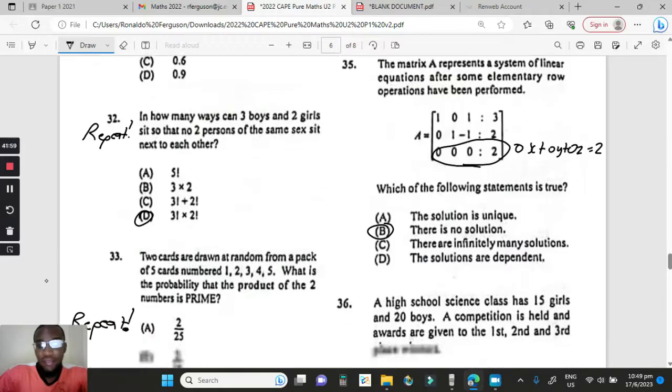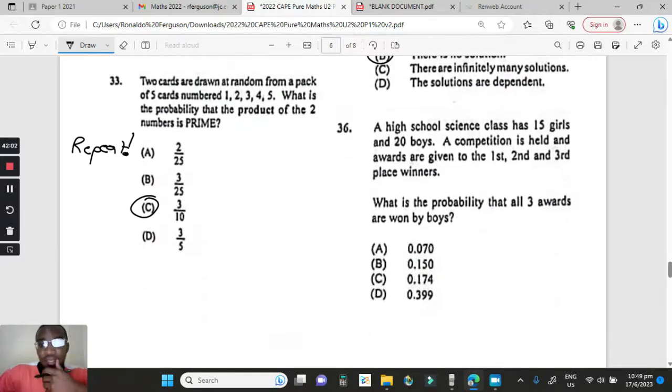B. Now it says a high school science class has 15 girls and 20 boys. A competition is held and awards are given to first, second, and third. What's the probability that all 3 awards go to boys? The probability a boy wins is 20 out of 35, times the probability a boy comes second is 19 out of 34, times 18 out of 33.